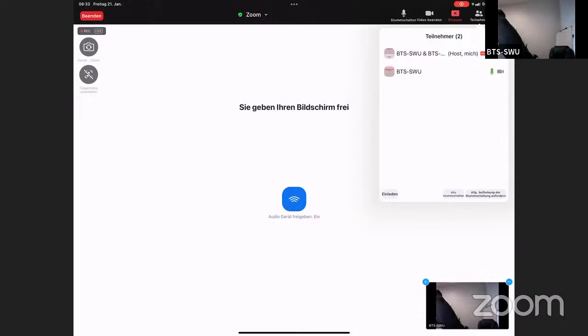Chain module. Space. Yes. And yes, I did.